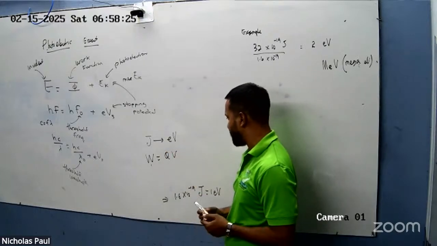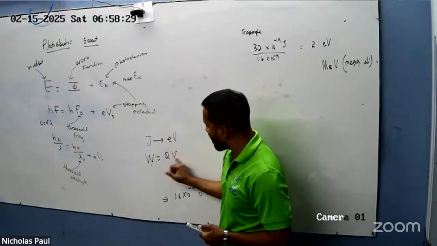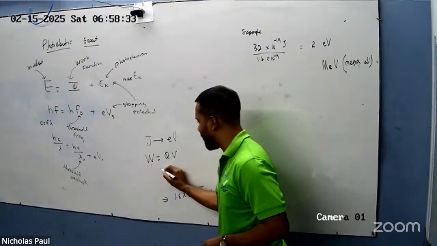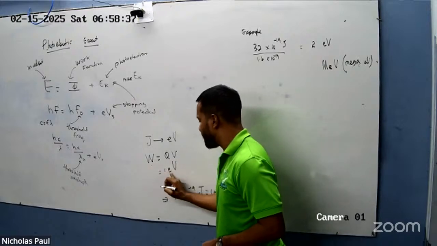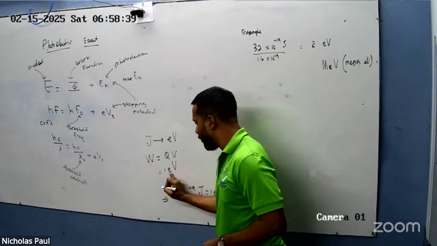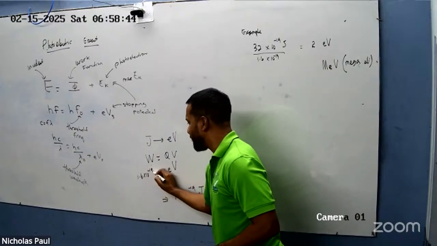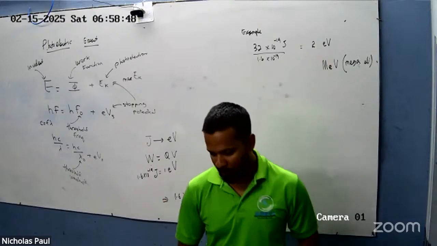So 1 electron volt, when you multiply 1 volt by 1 electron, is 1.6 by 10 to the minus 19, and that's in joules, right? I wrote it badly and went the other way around by mistake.